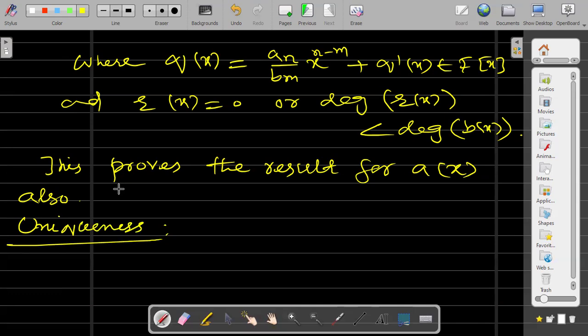So let's suppose that there exists one more pair having the same property.